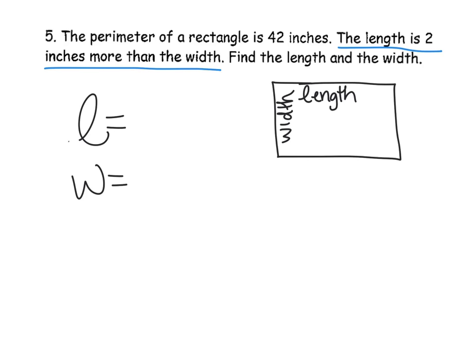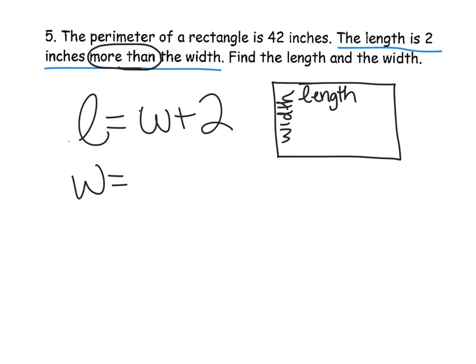How would I write it though? I kind of like 2 plus W, but then this word more than is one of those special words. So what does that mean when I have a more than written? It's not going to be 2 plus W. W plus 2.